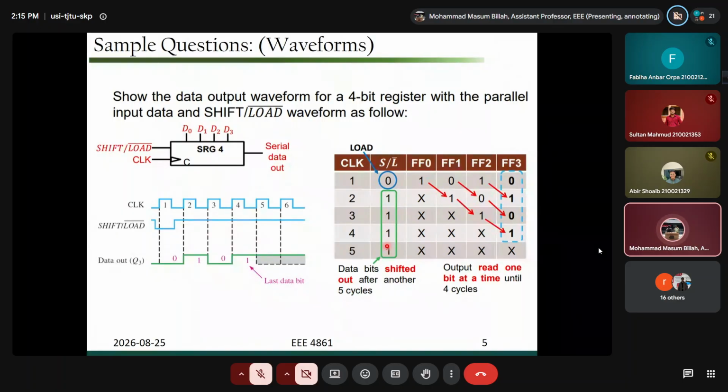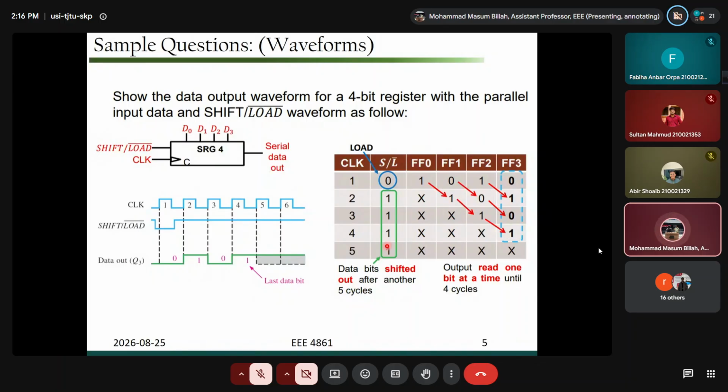For parallel in, serial out, you have to draw that kind of waveform. I did examples so many times. I spent some time to explain the circuit, also the gate level circuit. So maybe you can distinguish the differences between the 4 types of shift register, and also you will be able to draw the waveform.